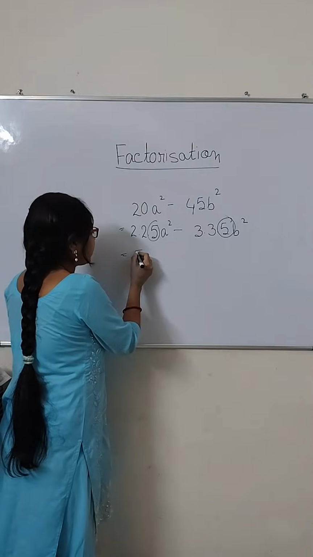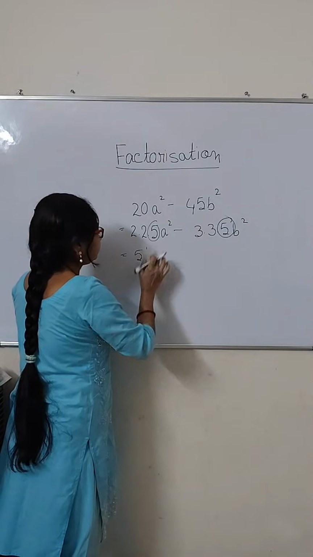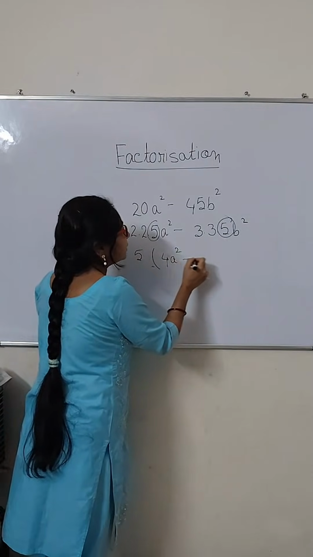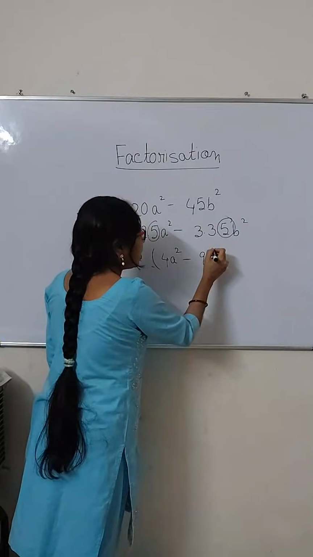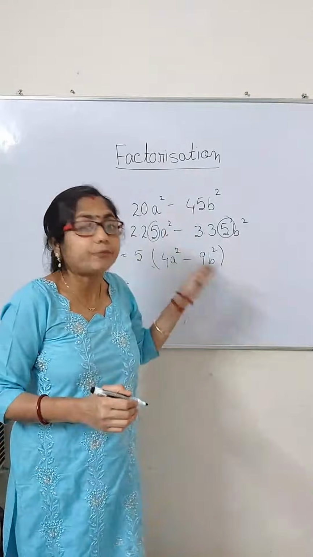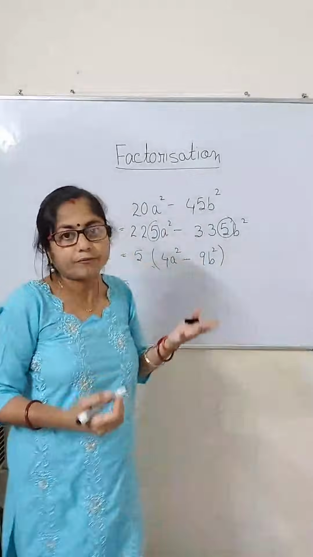So first I take 5. And what is this one? You write this as 4a square minus 9b square. But look, here there is a square, but 4 has no square. So make the 4 in square format.